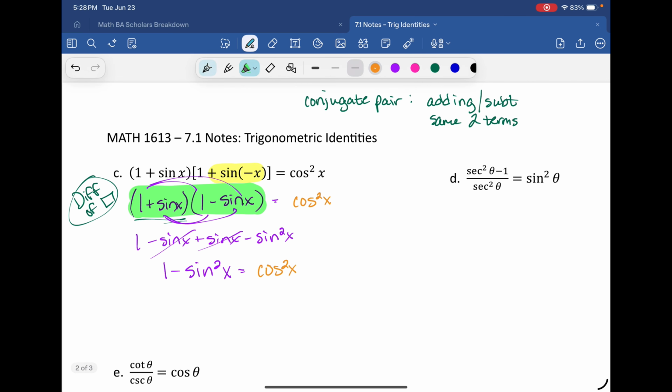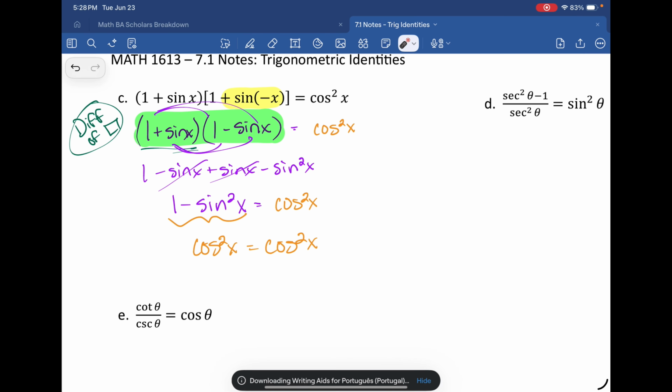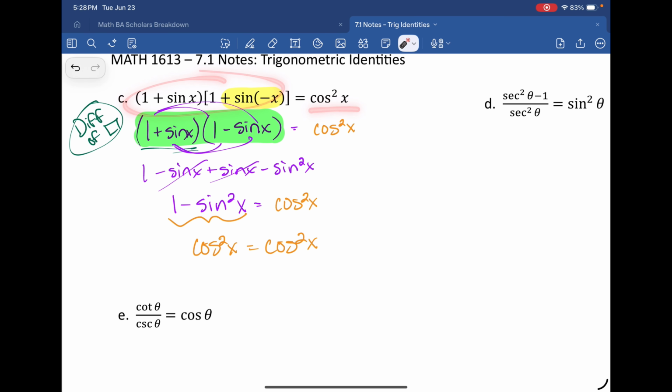So I have an identity here. All of this becomes cosine squared. And so I have successfully changed left side to right side.